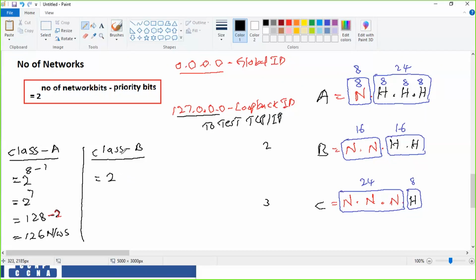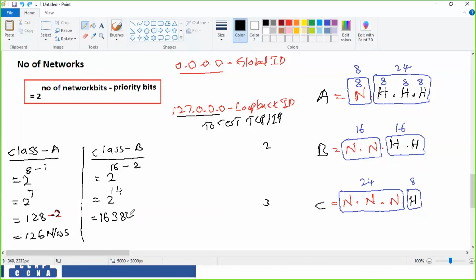Number of network bits are 16. Minus how many priority bits for class B? 2. So 2 power 14. Value, please? 16,384. So 16,384 networks are available in class B.